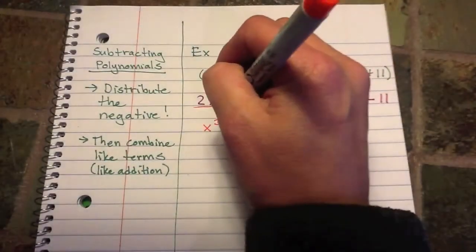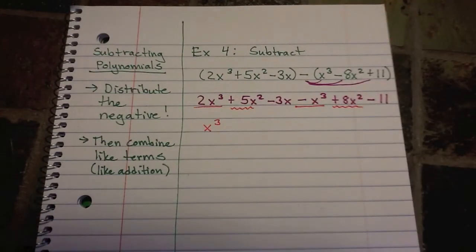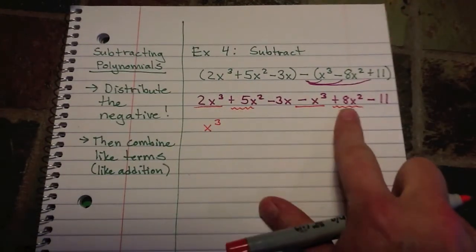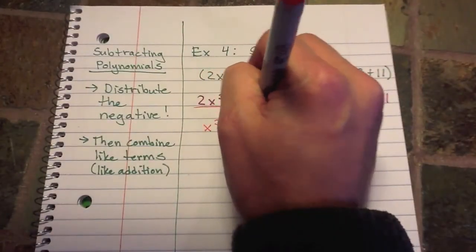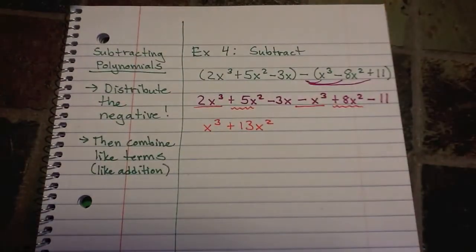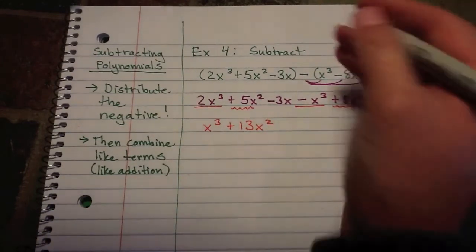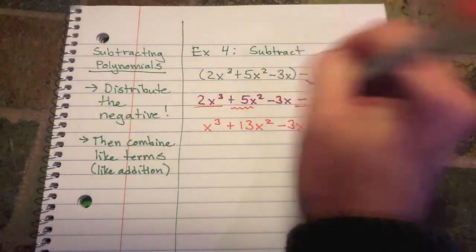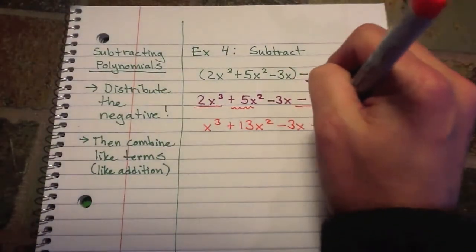Then I look for my x squareds, and I have a couple x squareds, positive 5 and a positive 8. So I have a positive 13x squared. And then I don't have a matching term, so I just bring negative 3x down because there's no like term with it. And I don't have another constant, so I just bring negative 11 down.